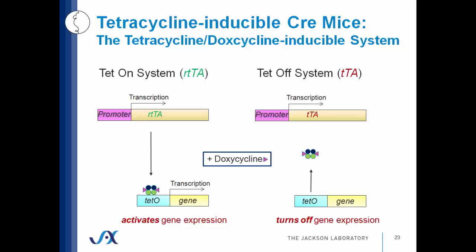When you give those mice doxycycline on the left, that will then allow the RTTA to bind the TET activator and then turn on transcription of your gene, so it turns it on. The doxycycline with the TTA will bind to it and prevent binding of the TTA to the TET activator, thereby turning off your gene expression, and that's why it's known as TET-off.